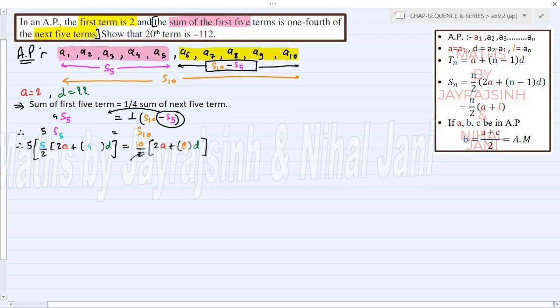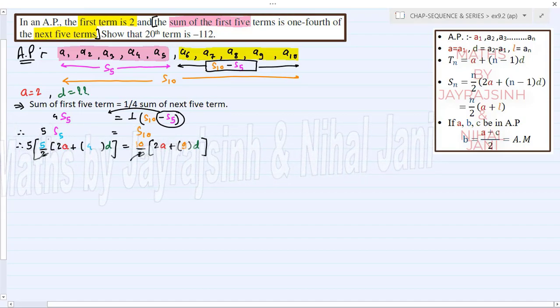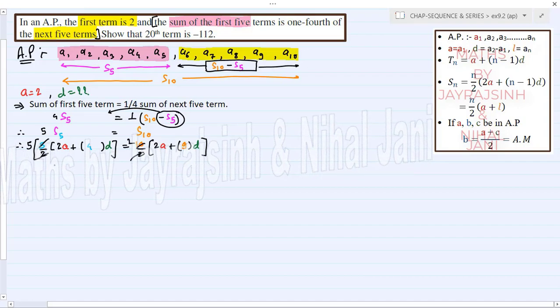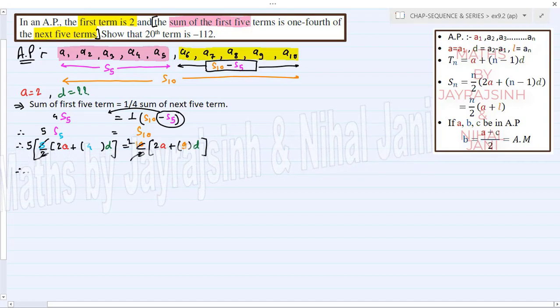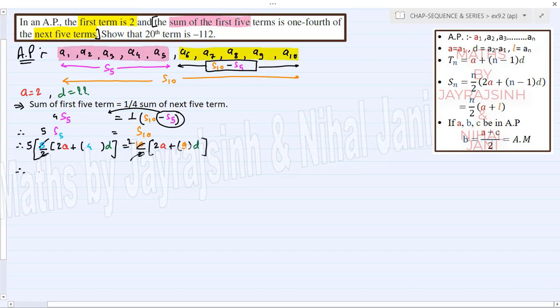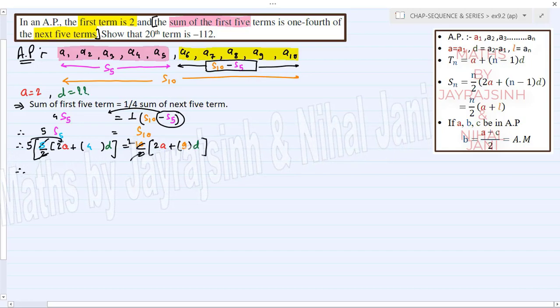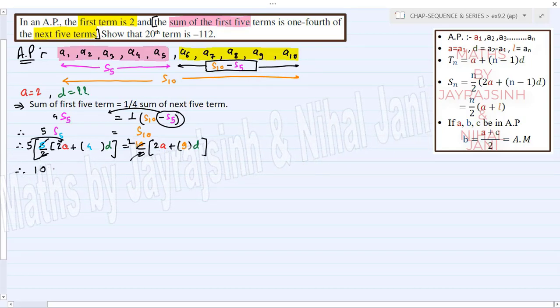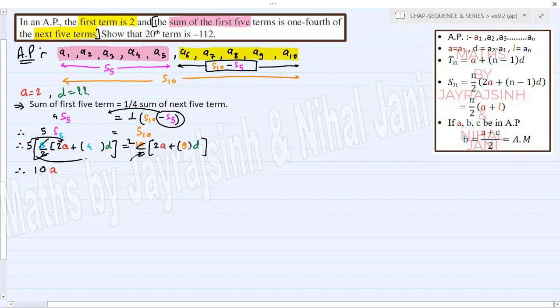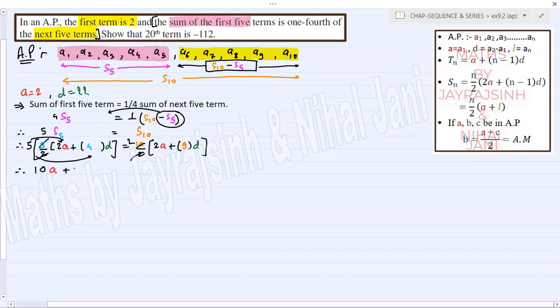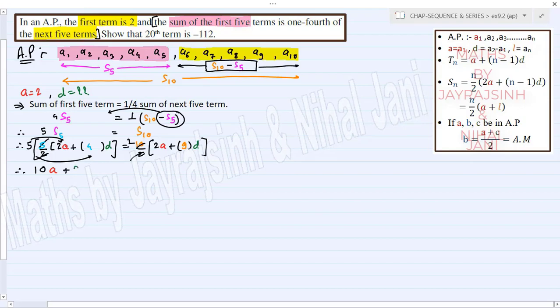Now let's simplify. This 2 will cancel out. We'll get 5 twos are 10, and open the bracket. 5 into 2a will be 10a, and 5 into 4d will be 20d.